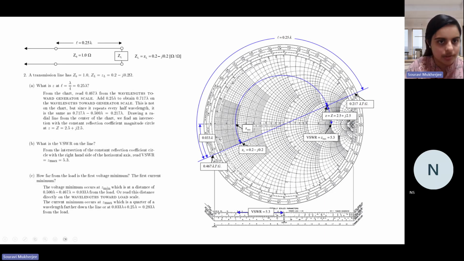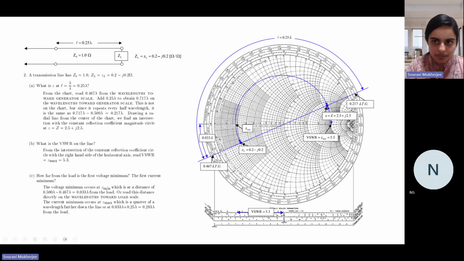Once you have located the load impedance, go to the WTG line and see what this distance corresponds to. Then you move by a distance of 0.25 lambda. So as you can see, this is the point, and then you move by 0.25 lambda clockwise. Remember, you're moving towards the generator, so it should be clockwise.